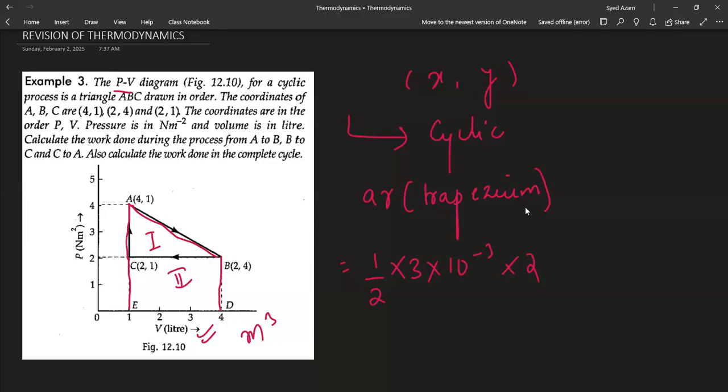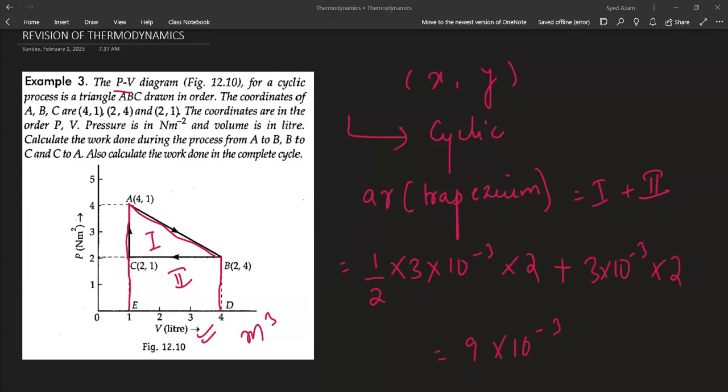Or you can take this as the second figure plus the first figure. When you consider the rectangle, it will be 3 into 2, but since we're talking about 3 into 10 to the power minus 3, it will be 3 into 10 to the power minus 3 into 2. So when you solve this, it will be 9 into 10 to the power minus 3.